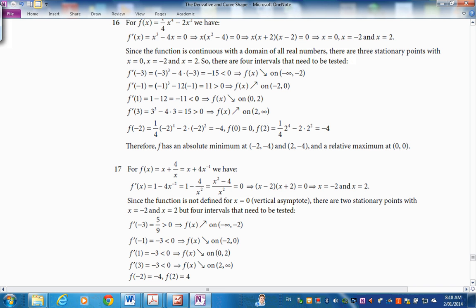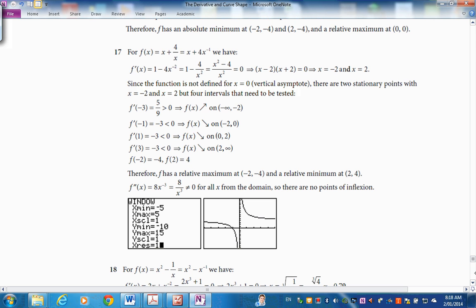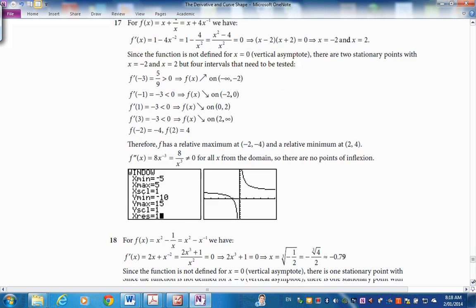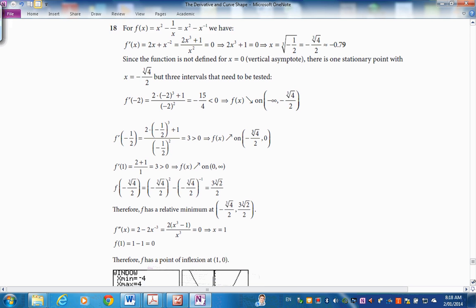Sixteen. There's 17. 18. Have a look at its graph.